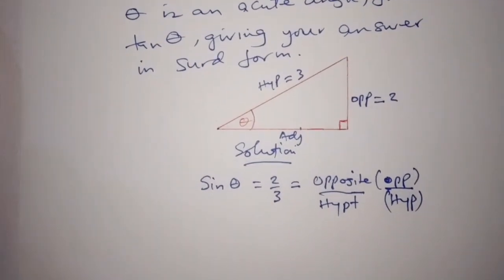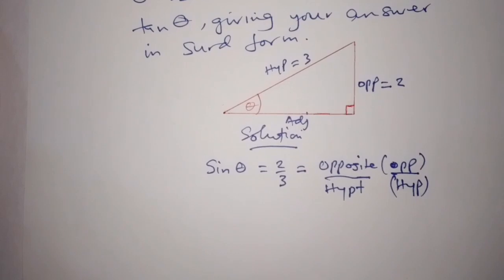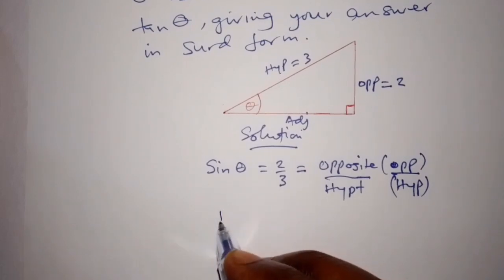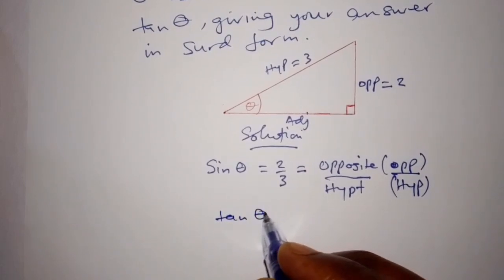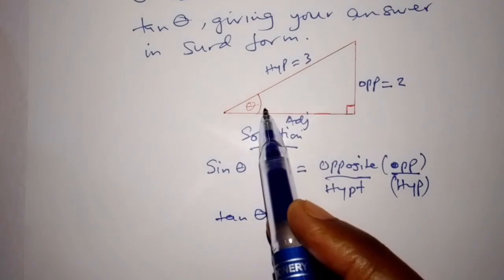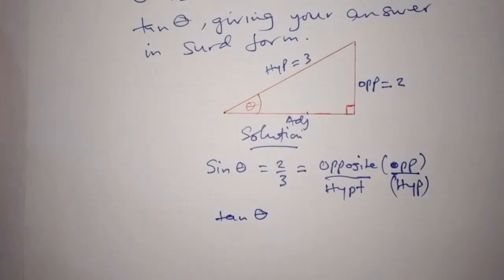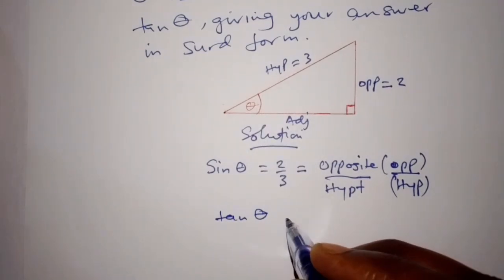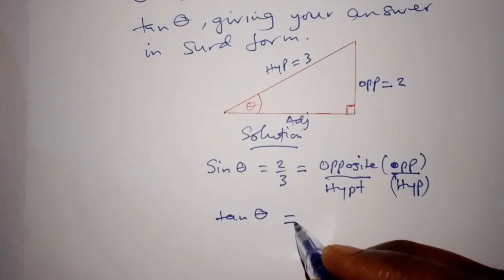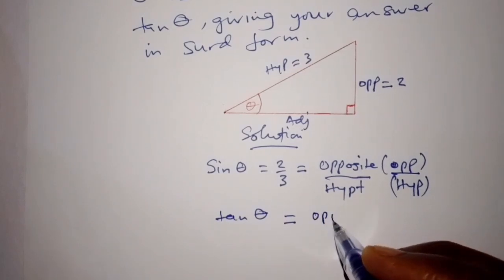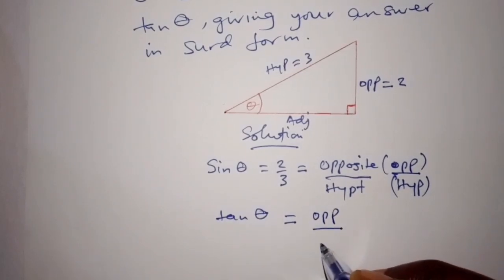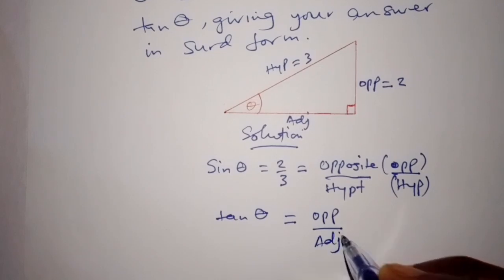So we want to find tan theta of this angle here. The formula for finding tan theta is opposite over adjacent.